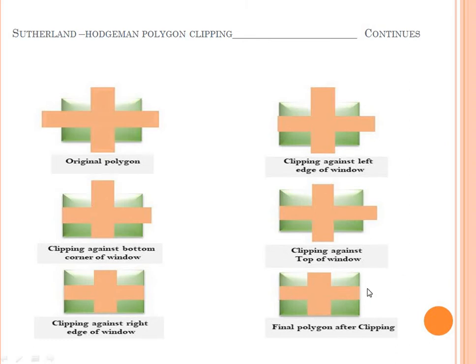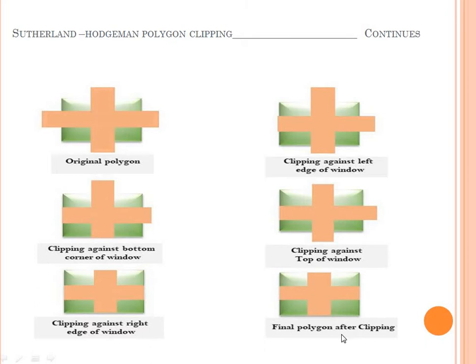We take the original polygon, perform left, right, top and bottom clipping on it, and we get the final polygon after the clipping.